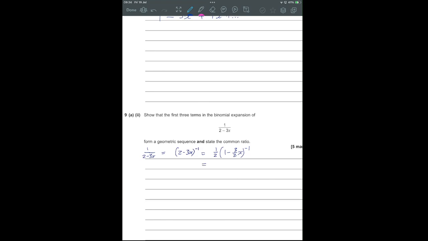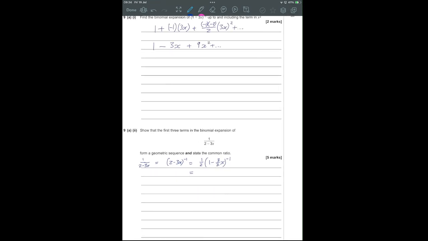And the first three terms, well, I'm going to use what I've already done above. I've already done it with 1 plus 3x. So I'm replacing that with, well, I need to swap the sign, and I need to put in a half in there as well. So I'm really replacing the x with -1/2 x.